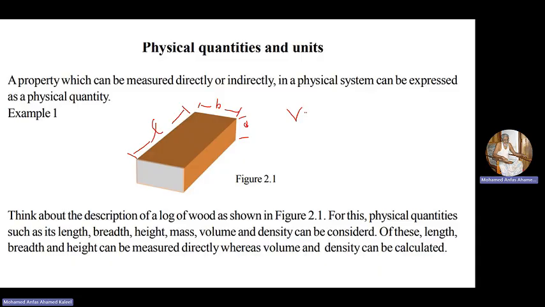The volume we cannot measure directly, so we have to derive it by a formula, measuring it indirectly from the directly measured quantities. Length, breadth and height can be measured directly, whereas volume and density can be calculated.